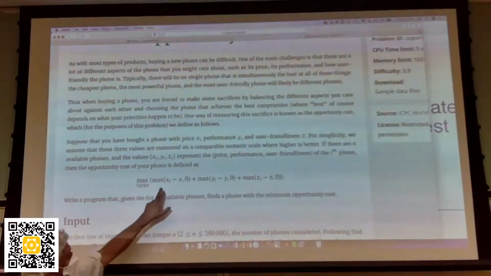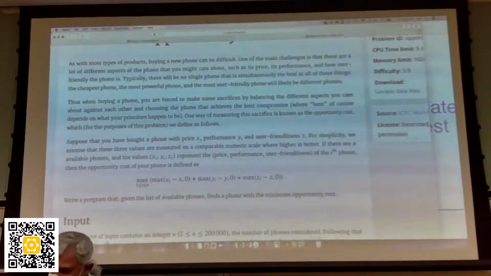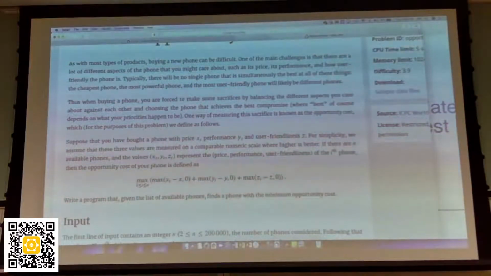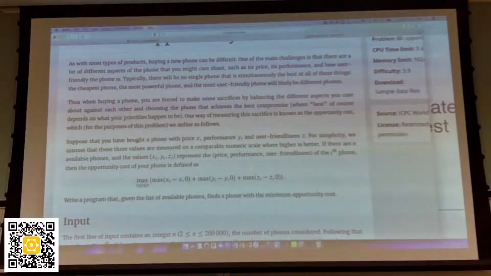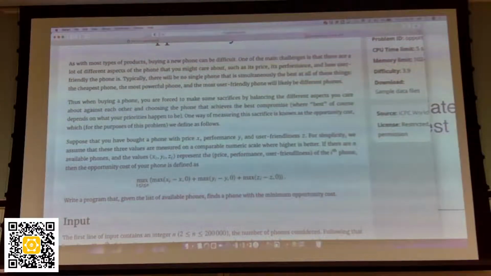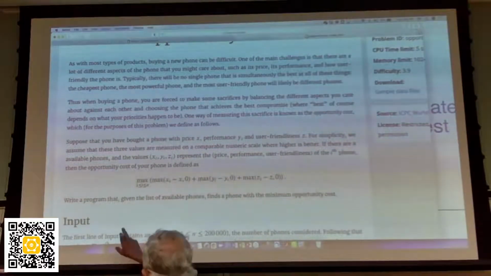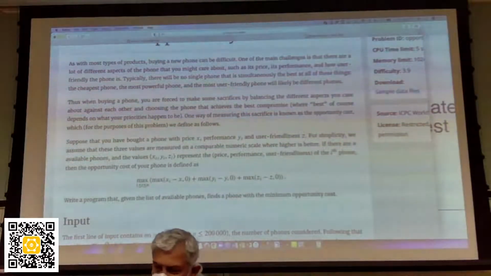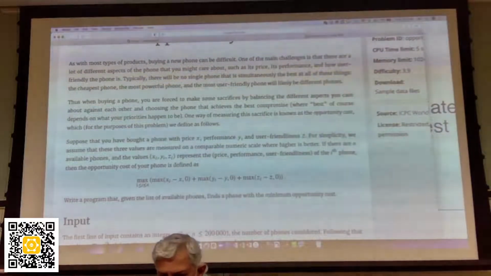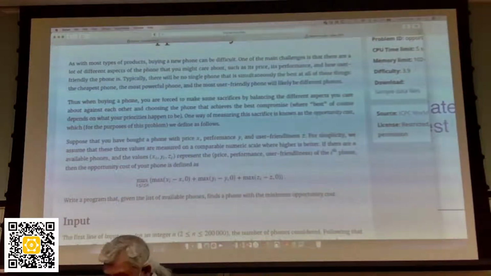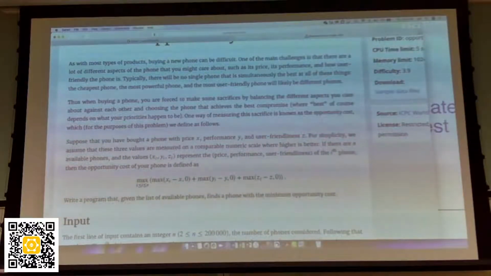But there's also this max with 0. What does that mean? It means that if it's negative, we'll just count it as 0, right? Yeah, you didn't miss out. That's right. So we won't have any negative numbers here, but then we're doing a max at the end where we are doing the max over all possible phones in the market. I say this definition is really weird, but okay, we'll go with it.